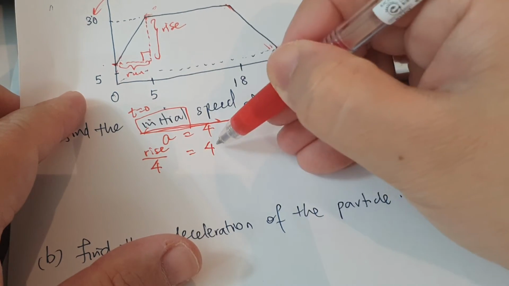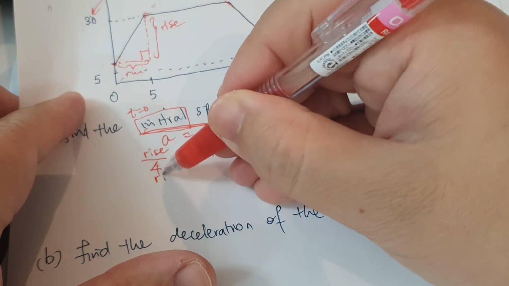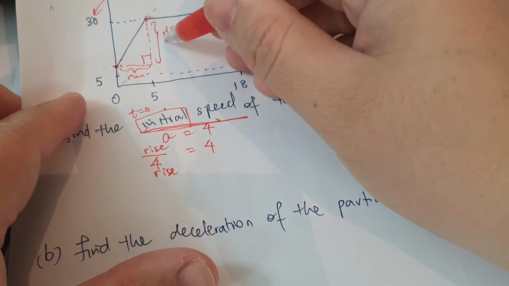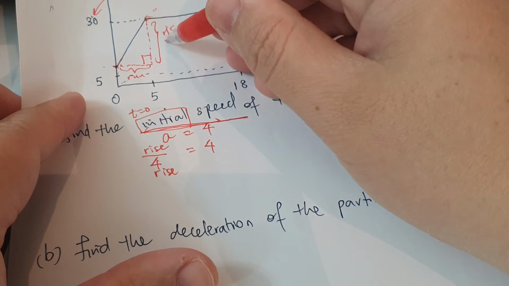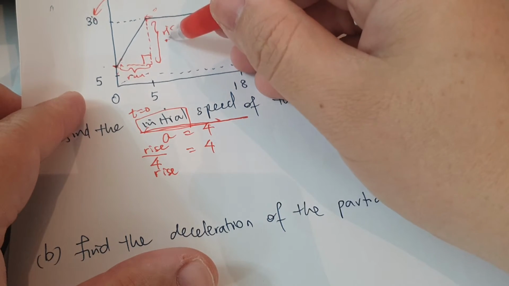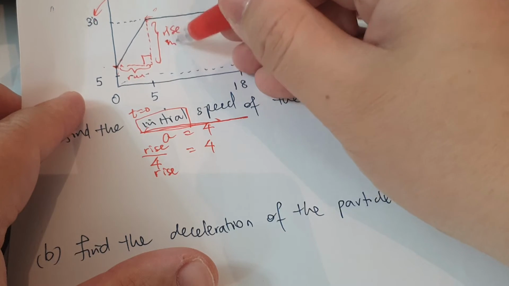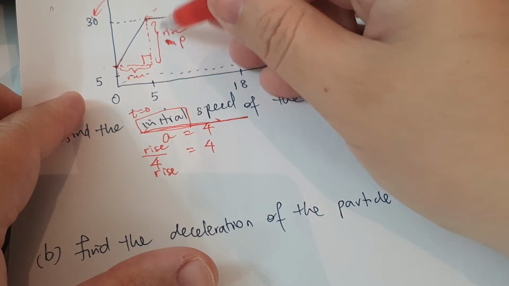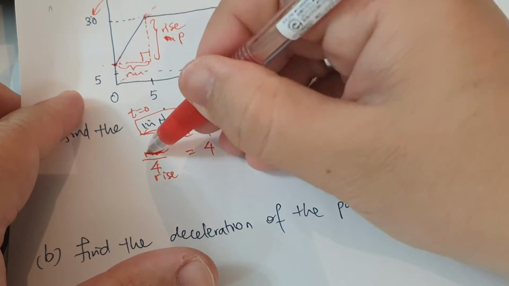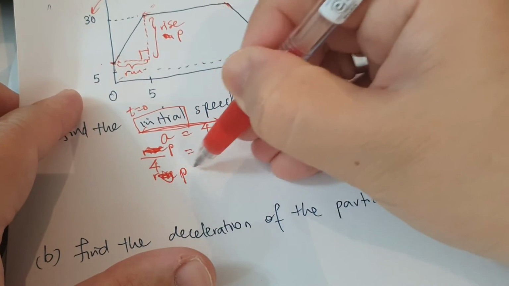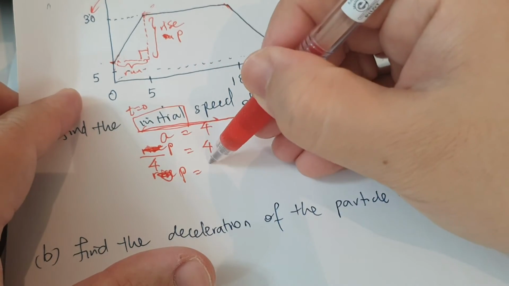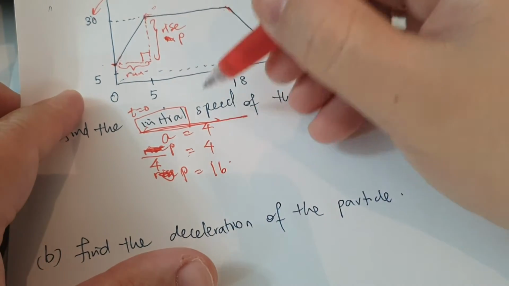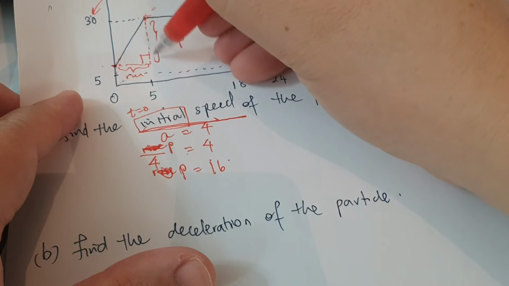So this is 4, which means my rise, I can call it anything I want, let's say p, is easier. I call this length p. Don't you agree that p is 4 times 4, which is 16? So this is 16.